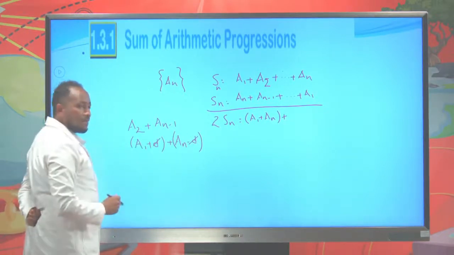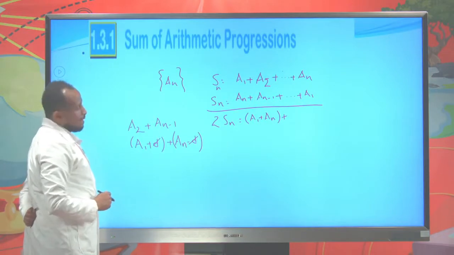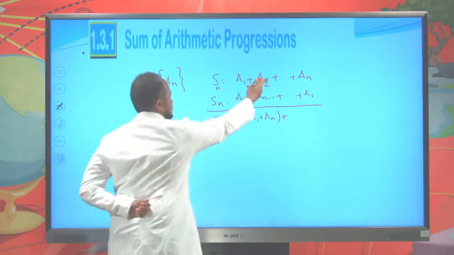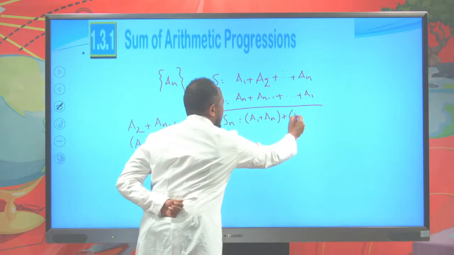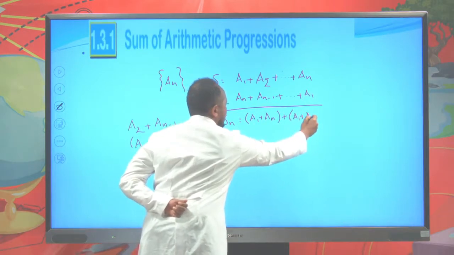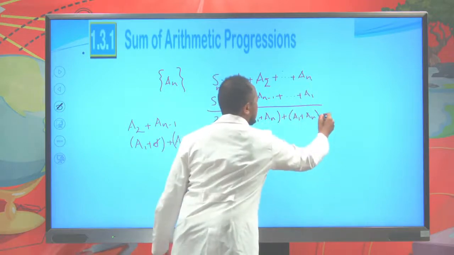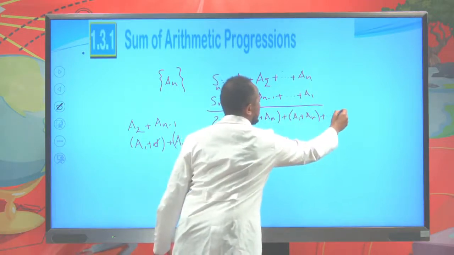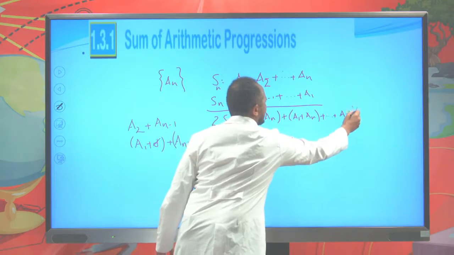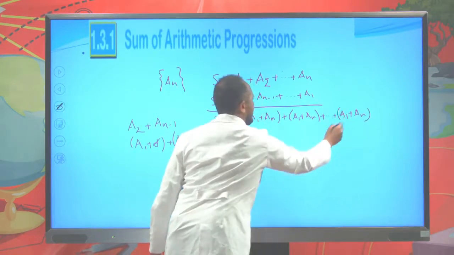The sum will be a1 plus an. Therefore the sum of the two is a1 plus an, and the sum of these two is also a1 plus an.